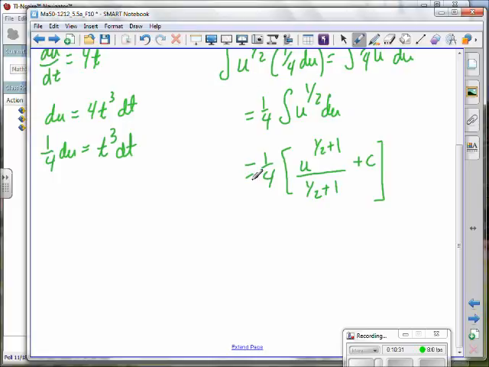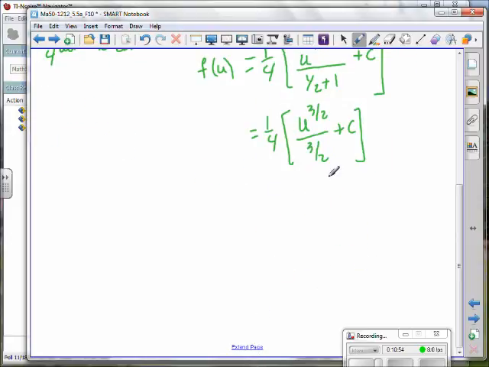I took the integral of that, so now this is actually the function in terms of u. Okay, so I've got 1/4, and this becomes u to the 3/2 divided by 3/2 plus c. Dividing by a fraction is the same as multiplying by the reciprocal. So I have 1/4 times 2/3 u to the 3/2.